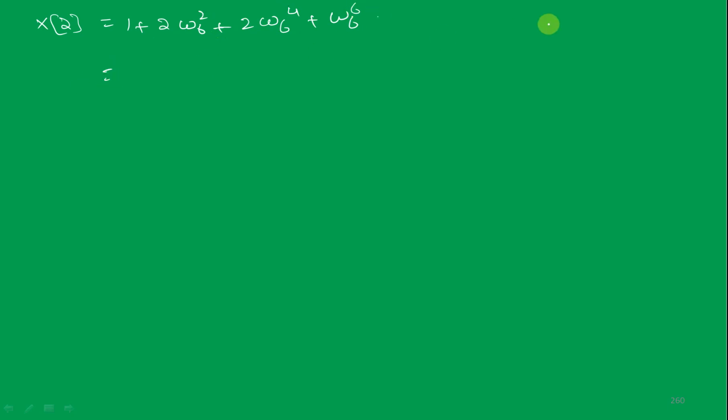So we have the values for W6 power 2 also. 1 plus 2 times W6 power 2, which is (minus 1 minus j root 3)/2, plus 2 times W6 power 4. W6 power 4 we may write like this: W6 power 1 plus 6 by 2, that means minus W6 power 1.